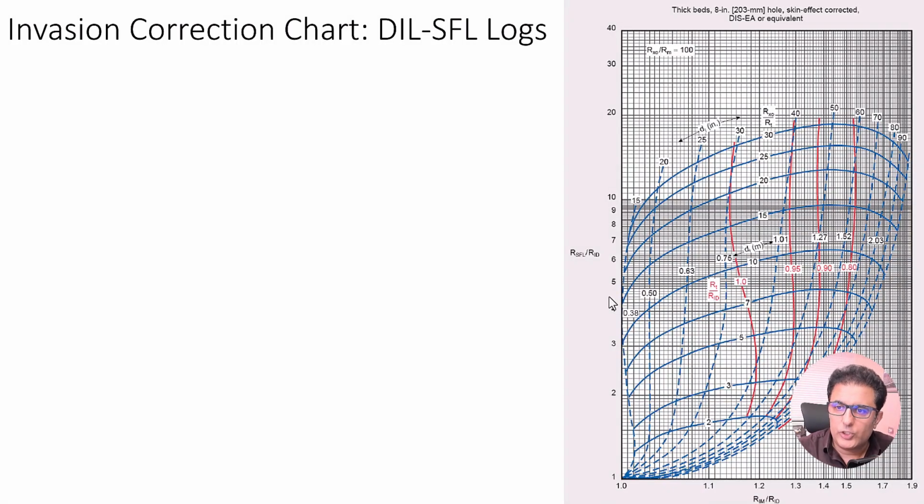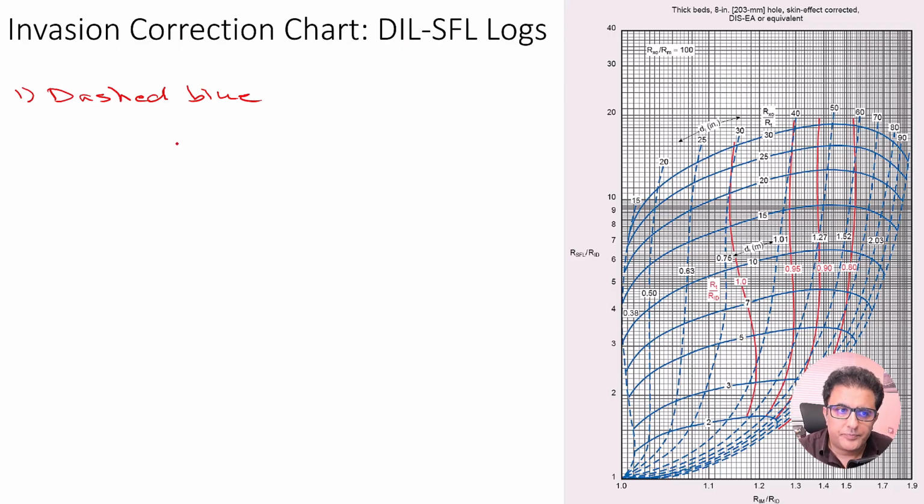Then, if we look at this chart, you see there are three different types of curves. The first are the dashed blue curves. Dashed blue curves provide us with information about the diameter of the invasion zone, so we can use these curves to estimate the diameter of the invasion zone.